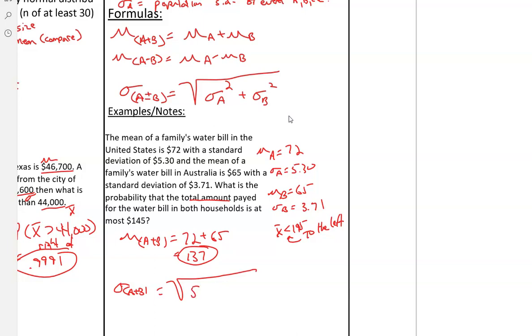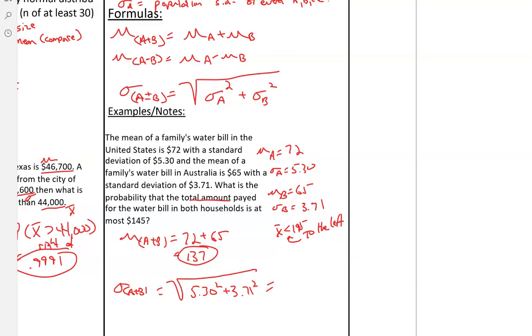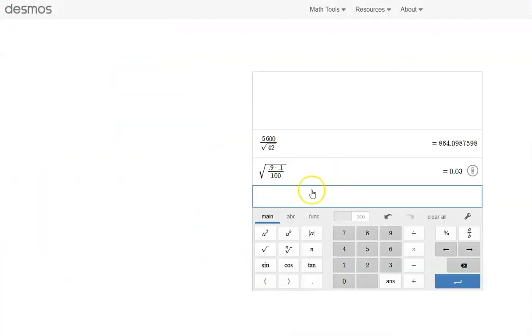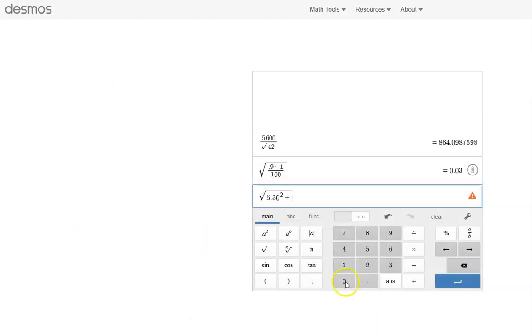And then sigma A plus B is going to be the square root of 5.30 squared plus 3.71 squared. And we need to calculate that in our Desmos calculator. So let's go to Desmos. That's the square root of 5.30 squared plus 3.71 squared.